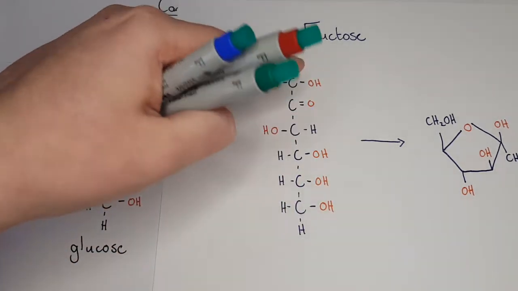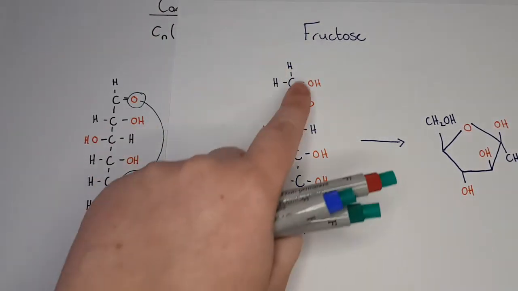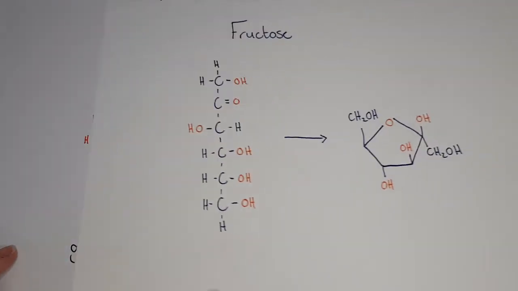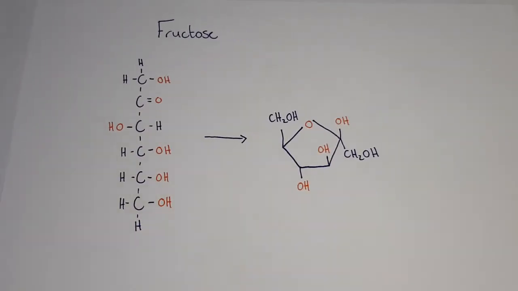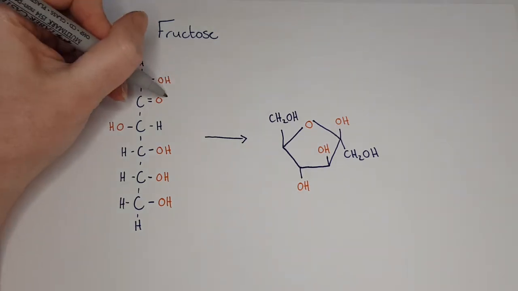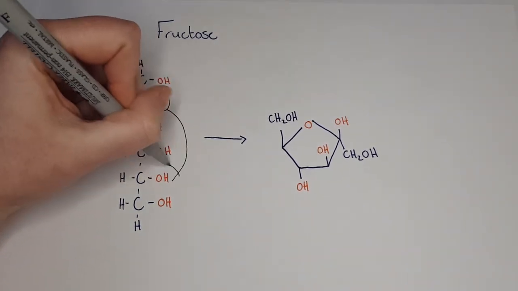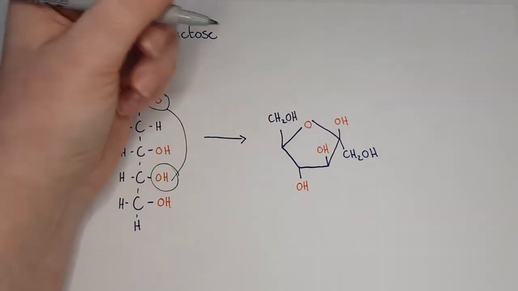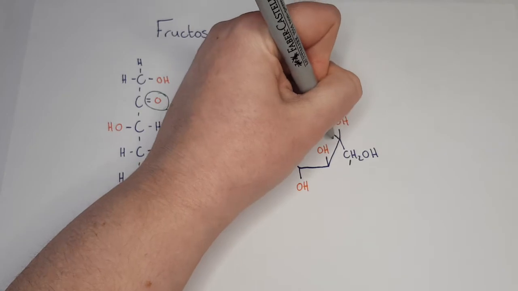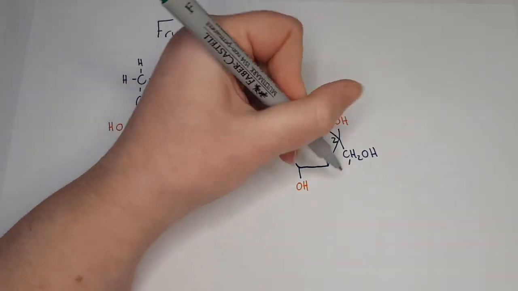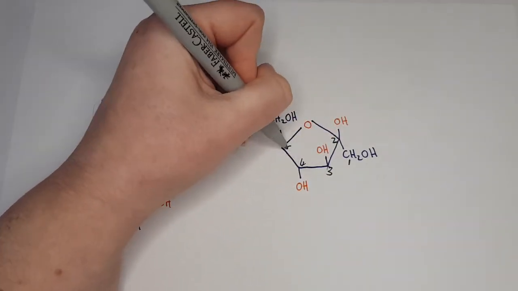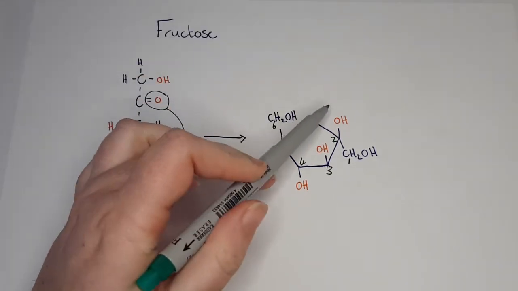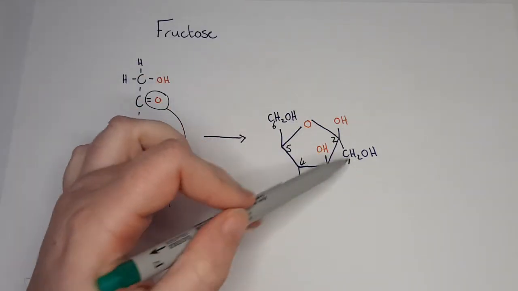So just by switching those around and moving that position, it changes the ring structure, because now a ring is going to form between that and that, which means 2 carbons are now outside of the chain, because that's now carbon 1. And carbon 2 joins with 5. So now you get this 5-sided ring.